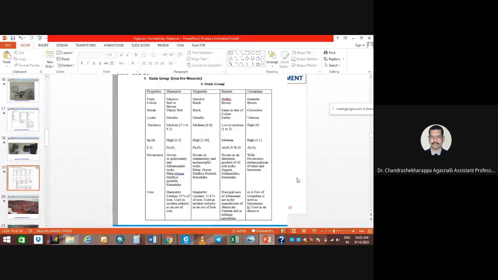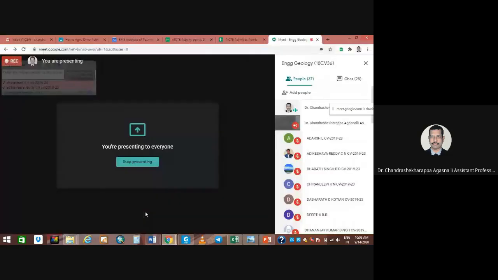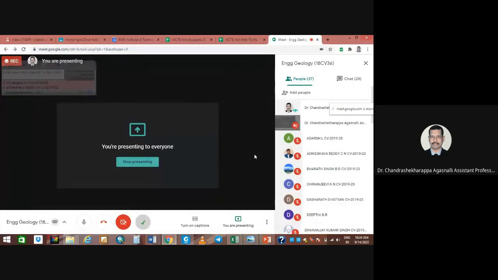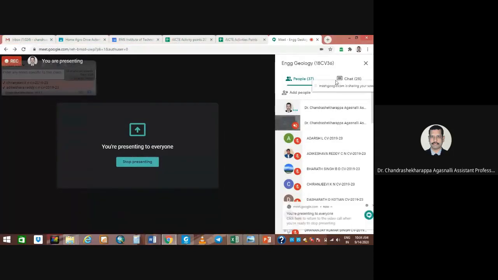It also connects with the forest department, ecology and environment, and the pollution control board. Almost all the departments are connected. So exploration takes 5 to 6 years with geologists, and then comes the mining part. If the project is feasible, it comes to the mining engineers, who take out the mineral from the surface of the earth and the subsurface also.